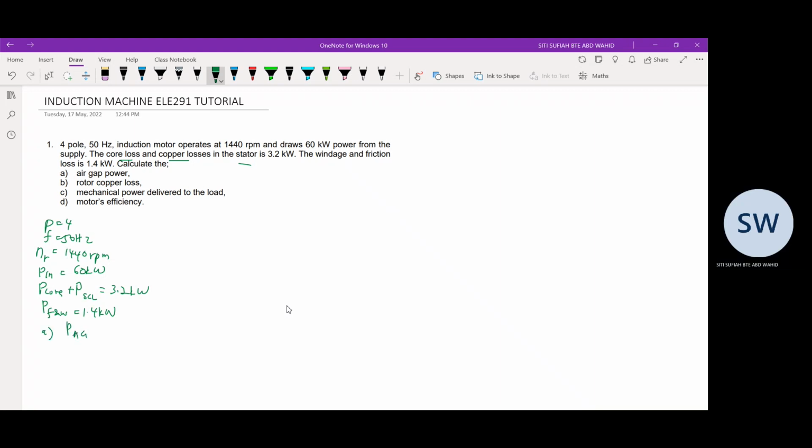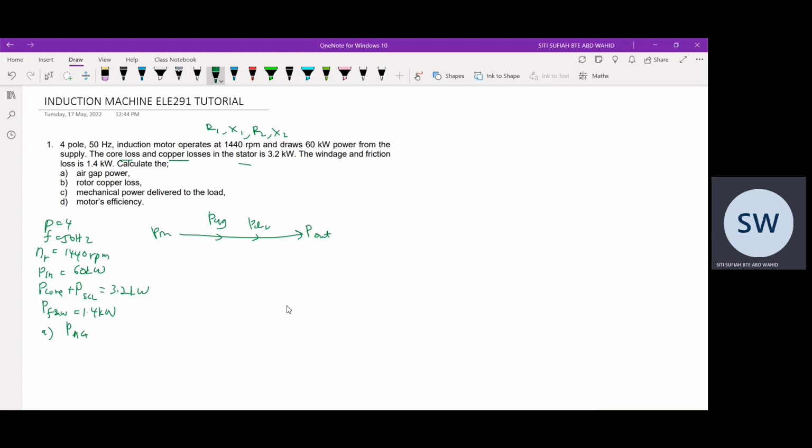air gap power. Okay, for this kind of question whereby you are not given the values of R1, X1, R2, X2, you will be playing around with the power flow diagram. Your P out, P developed, P air gap, P in.